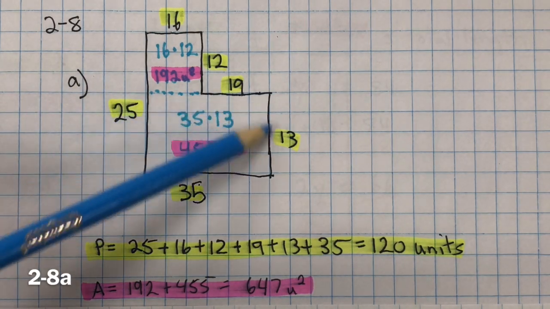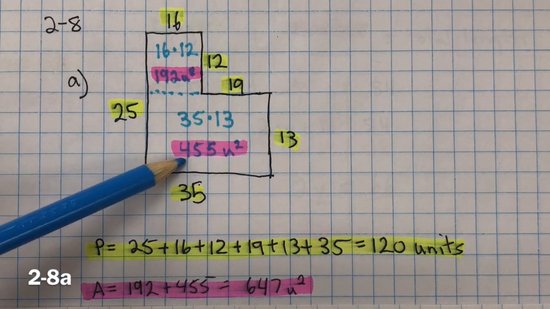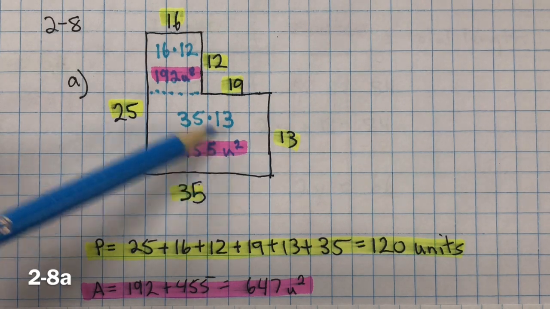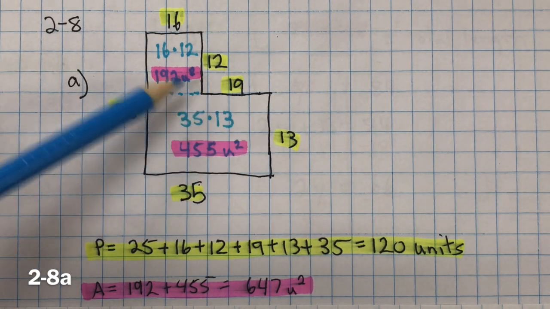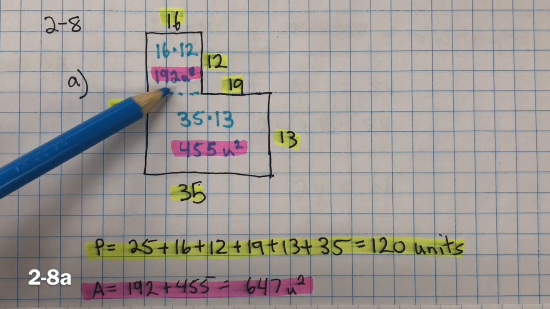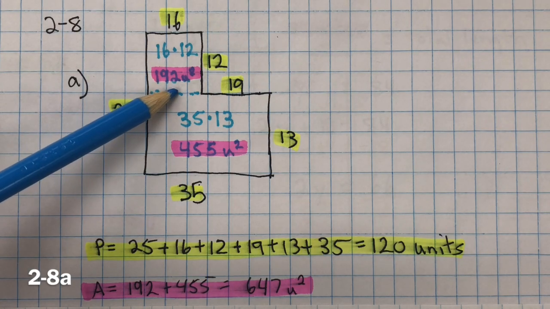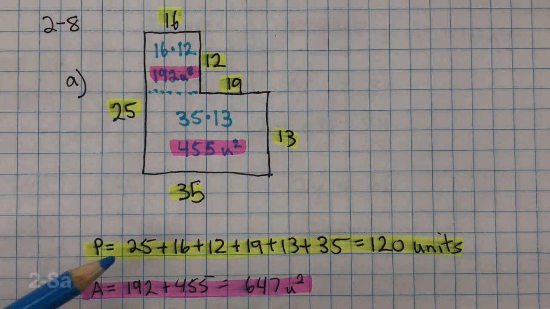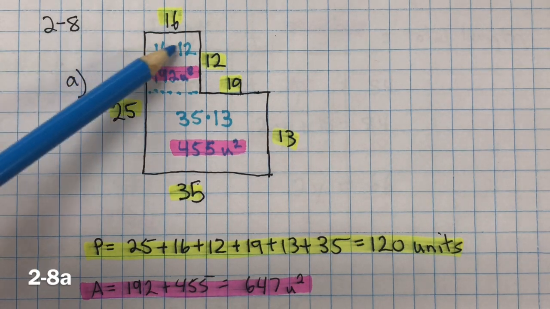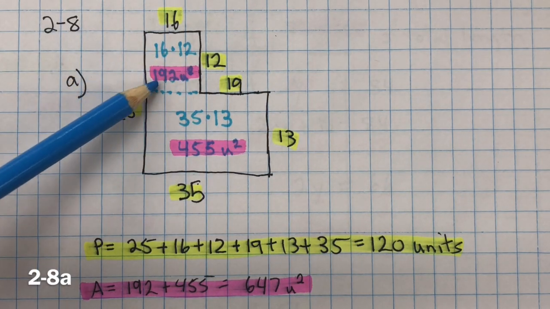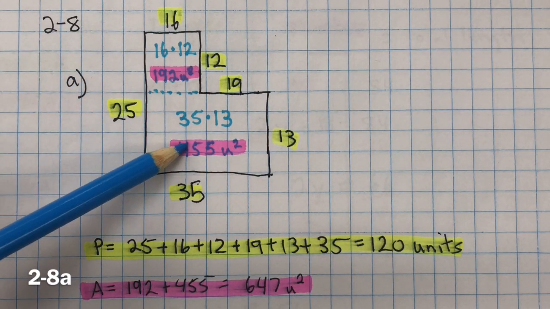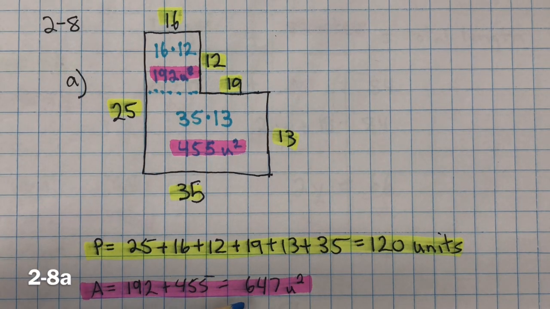So the area of this rectangle is 455 units right here. The area of the second rectangle is 192 units squared. You add the 2 areas up, 192 plus 455 equals 647 units squared.